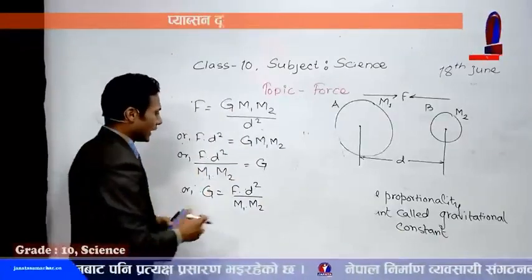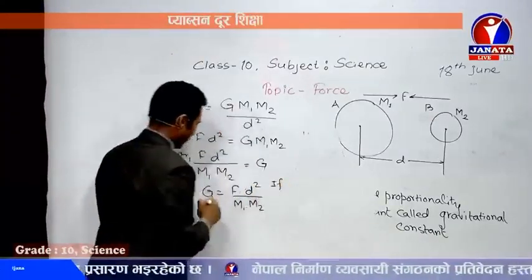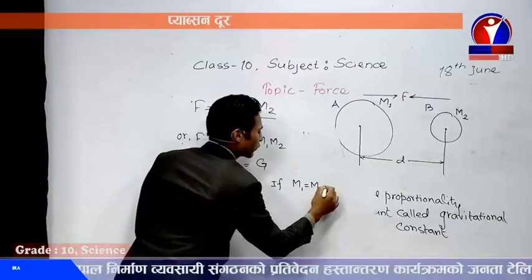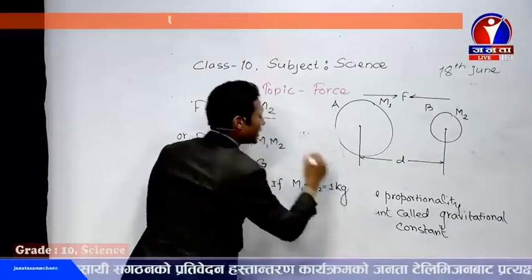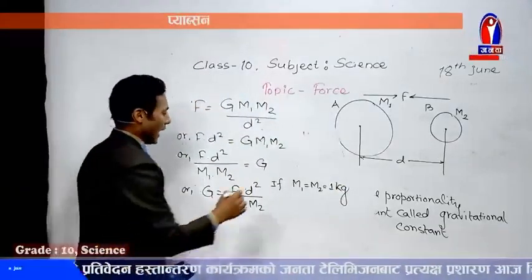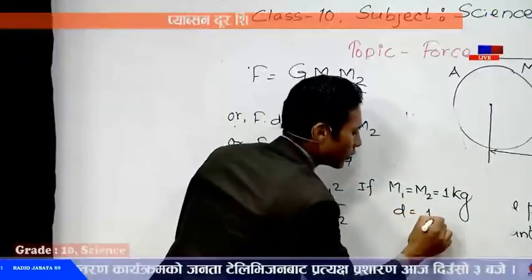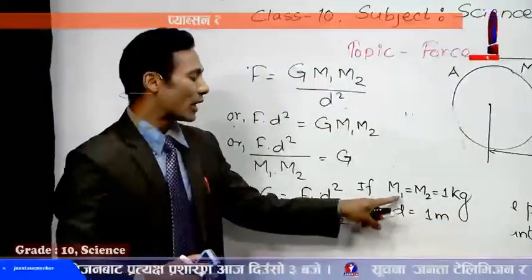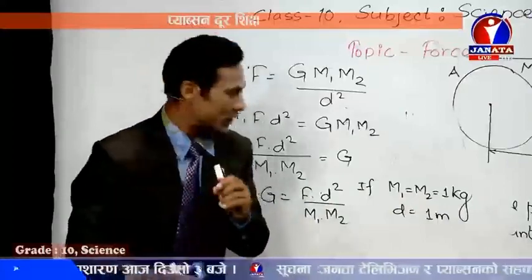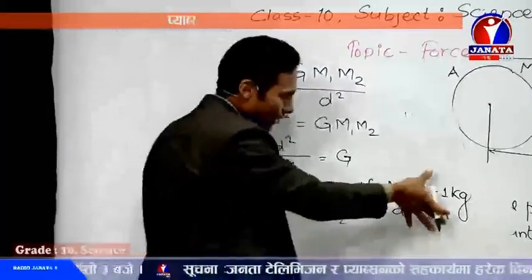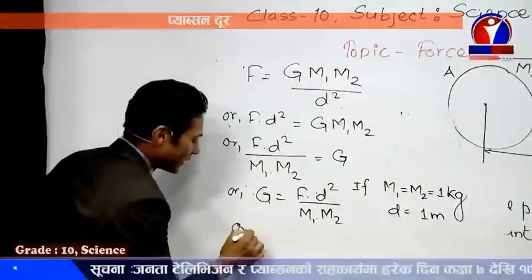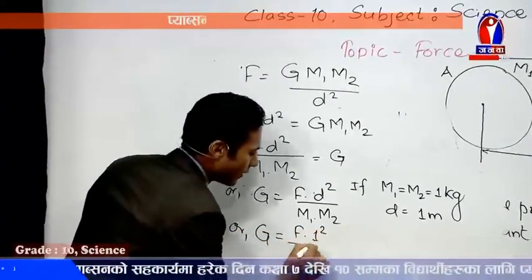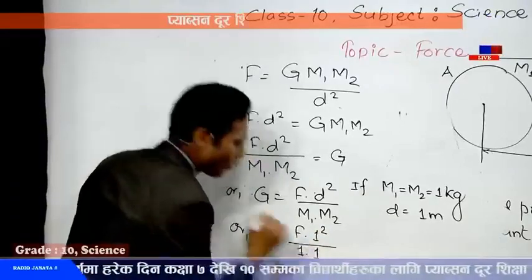Okay, now if m1 equals m2 equals 1 kg, if I take this unit mass, and distance between them also, let's say unit distance 1 meter, then if you substitute these values here, we will get G equals F into 1 squared divided by 1 into 1.